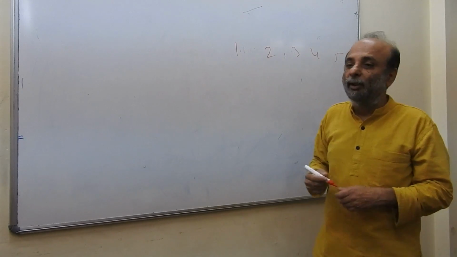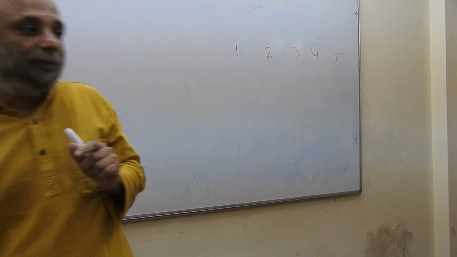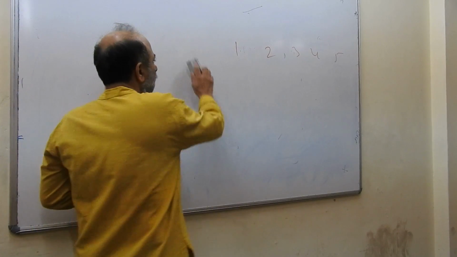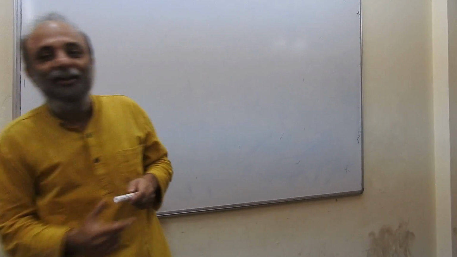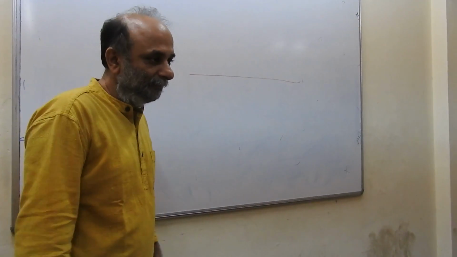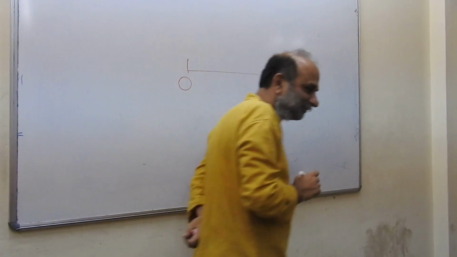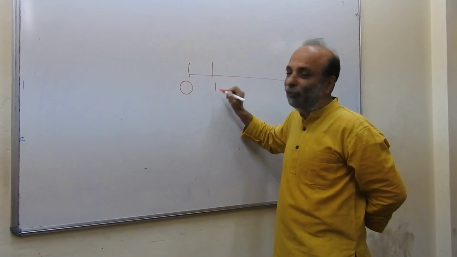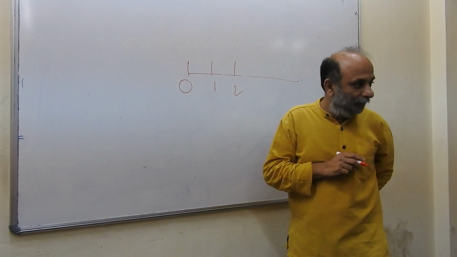But before we come to this, let's think a little bit carefully of the idea of a distance when you think of numbers. So let me go back to my old tried and tested example of a highway. There is this milestone number 0 here, milestone number 1 here, milestone number 2 here.